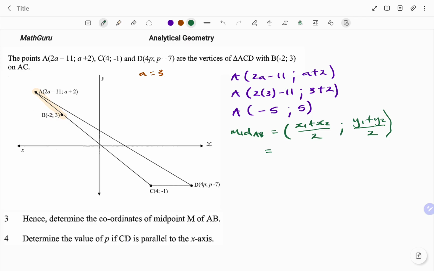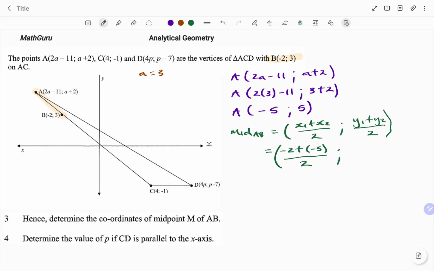Putting in the coordinates, that's the coordinate for B. So we have -2 plus the x coordinate of A, that's -5, divided by 2.